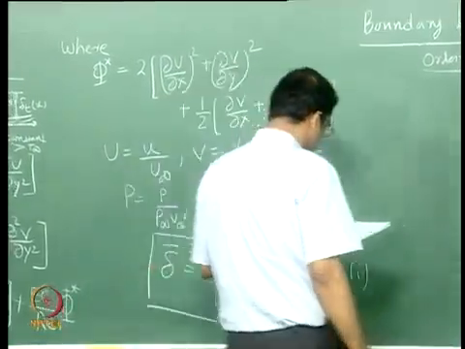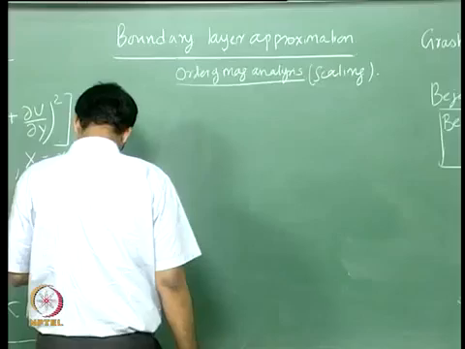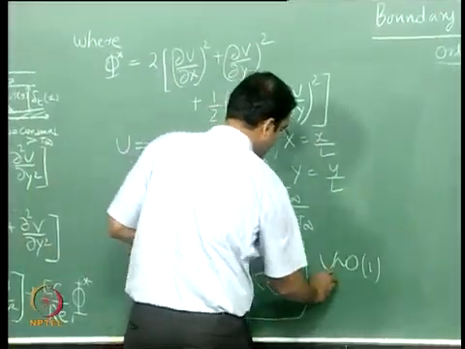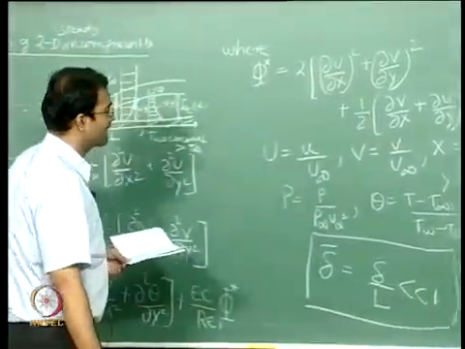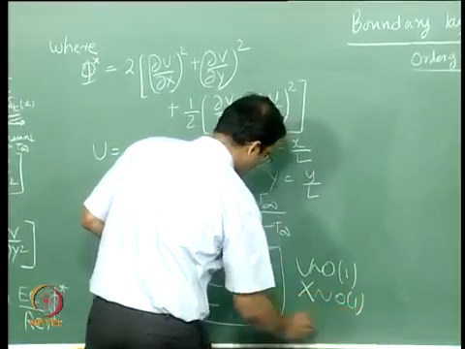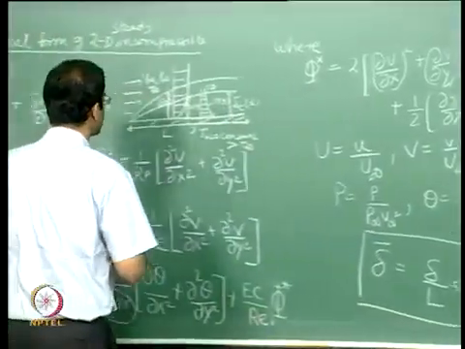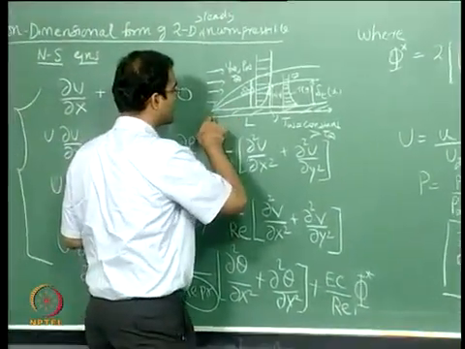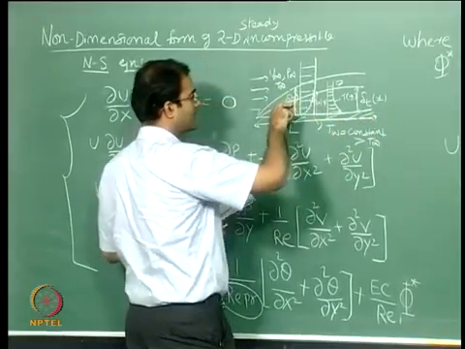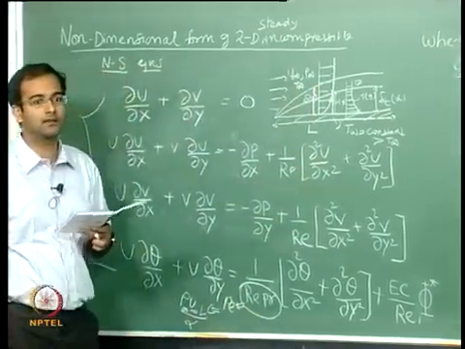So your U goes to the order of 1, and capital X is of order 1. Now I am going to scale my Y non-dimensionally. In the boundary layer, X varies from 0 all the way to the length L, and as far as the Y coordinate is concerned, I am mostly concerned with the confines of the boundary layer.